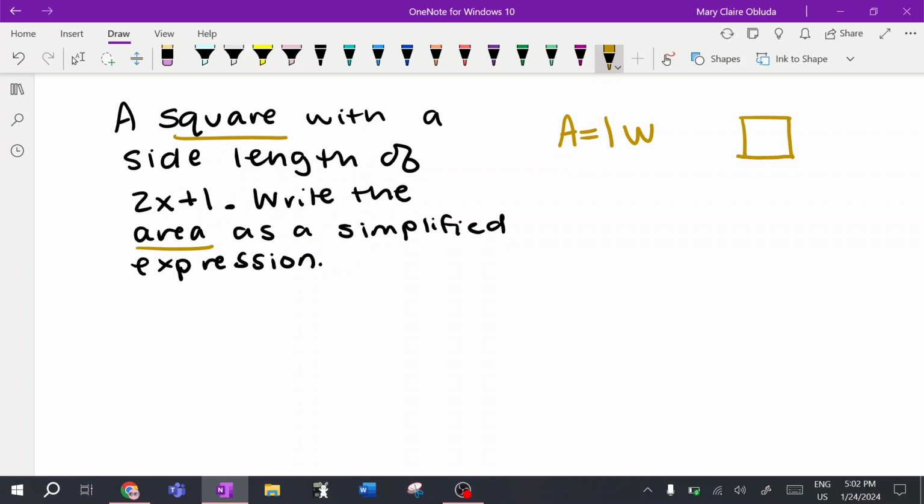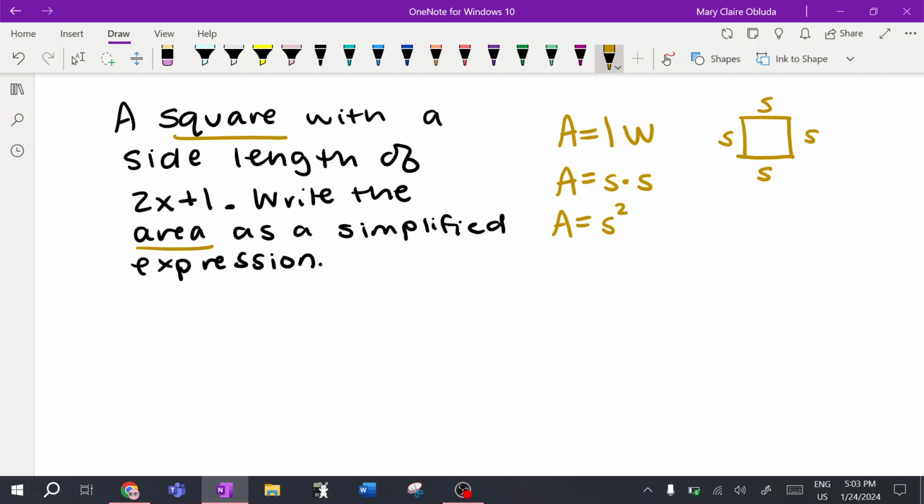A square has 4 equal sides, right? So this is a side, this is a side, this is a side, this is a side. The side is always the same. So the side lengths are always the same. So we're going to get area equals side times side, or, if we want to write that as an exponent, side squared, right? Because it's side times side.